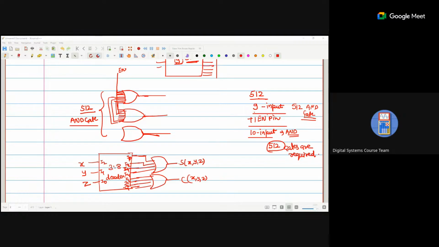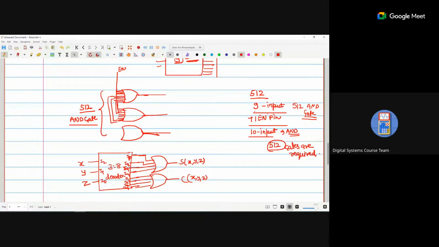Any doubt? Explain the last part again. Okay. So we require S of X, Y, Z is sigma M 1, 2, 4, and 7, and C of X, Y, Z is sigma M 3, 5, 6, and 7. So what should I do?